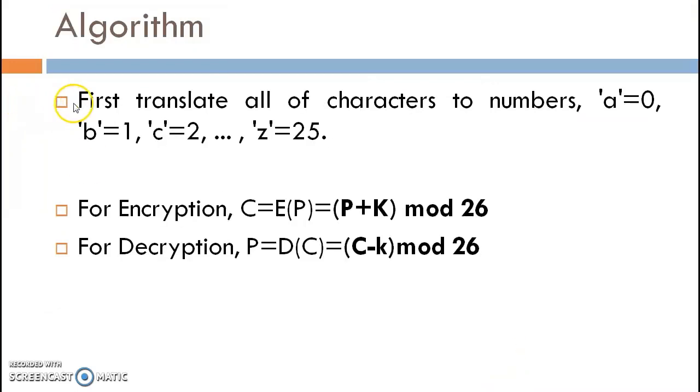Now the algorithm. First we translate all the characters to numbers. A equals 0, B equals 1, C equals 2, up to Z equals 25.